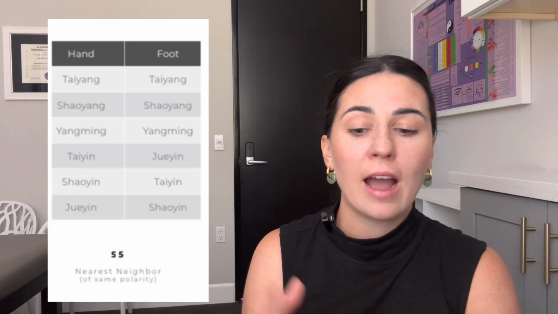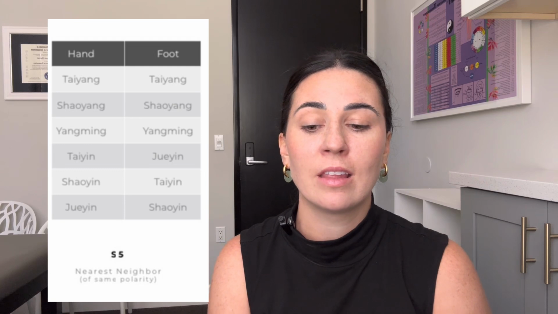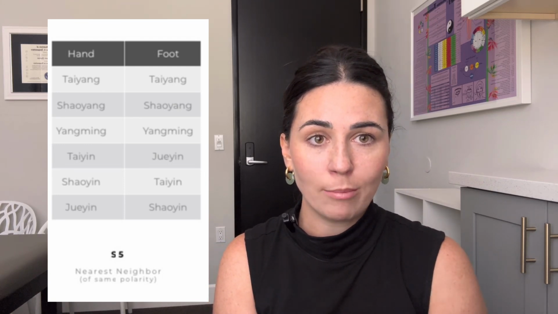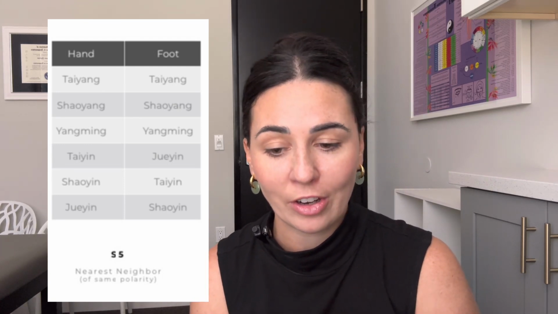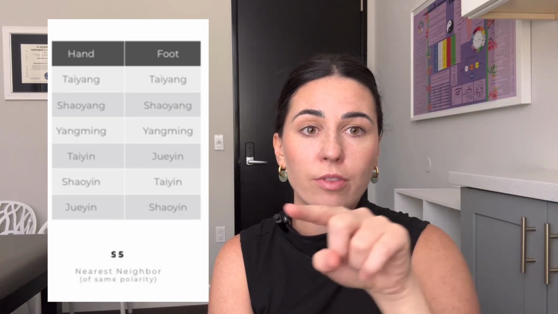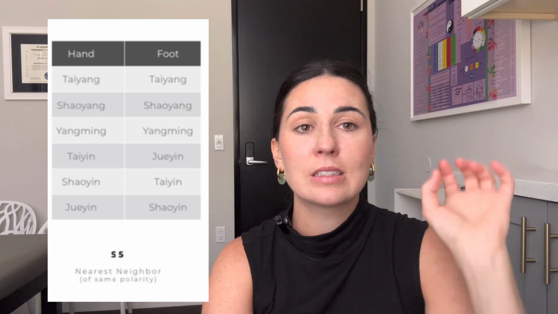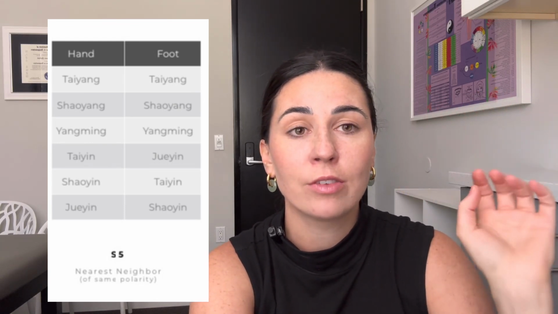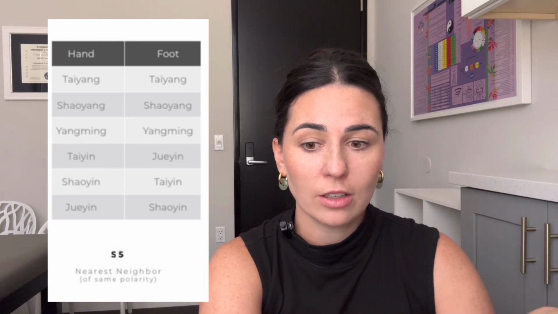So then system 4 is clock opposites, and then system 5 is going to be the clock neighbor of the same polarity. And what that means is, again, our little clock is just flowing, and so it needs to be the same polarity of yin to yin, yang to yang.